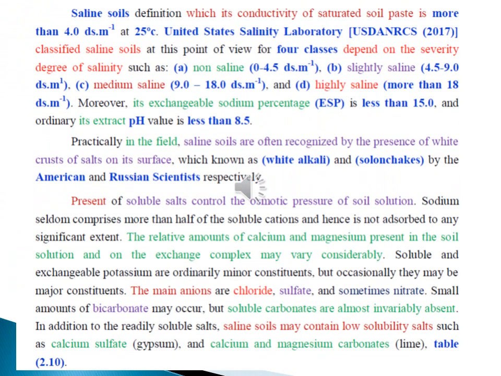Saline soil is defined as having electrical conductivity of saturated soil paste of more than 4 decisiemens per meter at 25 degrees centigrade. The United States Salinity Laboratory classified saline soil from this point of view into four classes: non-saline from 0 up to 4.5 decisiemens per meter, slightly saline from 4.5 up to 9, medium saline from 9 up to 18, and highly saline more than 18 decisiemens per meter.